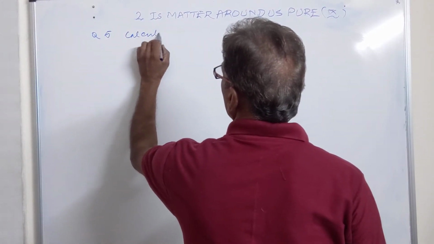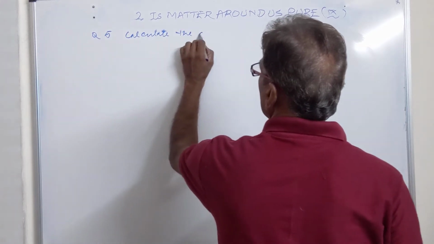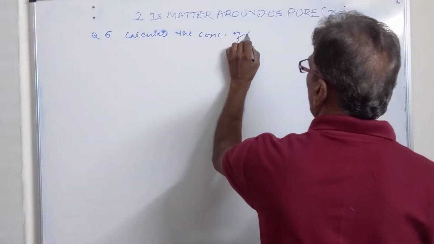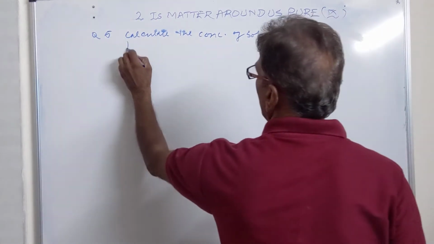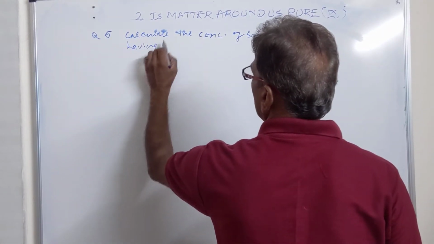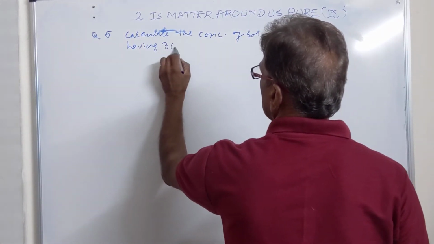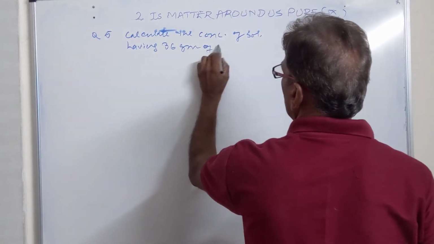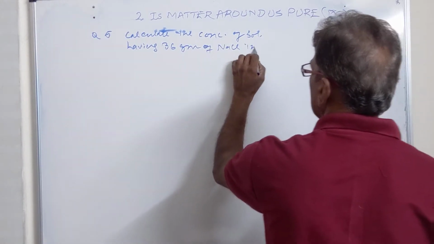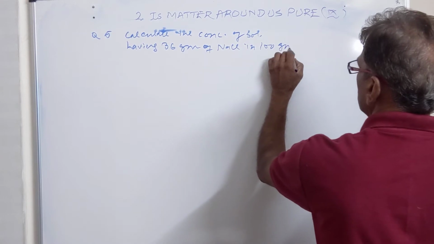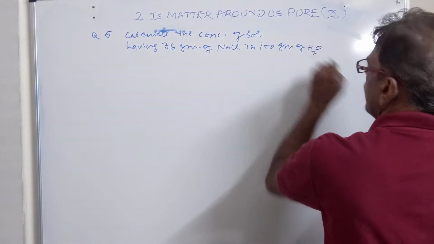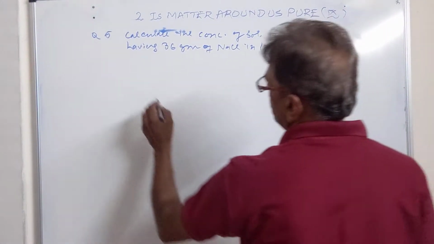Calculate the concentration of solution having 36 gram of NaCl in 100 gram of water. So it can be expressed in two ways.